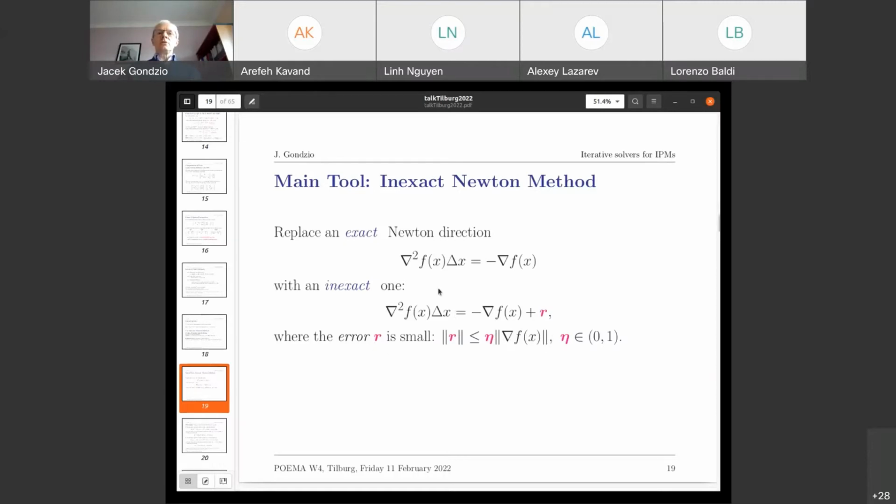As long as we do not solve for Newton direction to perfect accuracy, but we solve it to this accuracy, which is subjected to an error which is merely a fraction of the right-hand side, practical inexact Newton method behaves almost as well as the exact Newton method. There are some mathematical consequences. Instead of having quadratic convergence close to the solution, we will have to accept only superlinear convergence, but this is not a big deal. It's not something that should put us off from using the inexact Newton method.